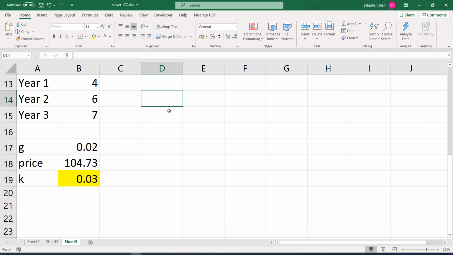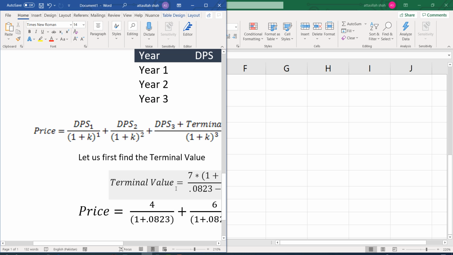Okay. First of all, let's find the terminal value. Again, problem terminal. Okay, the terminal value as we had typed here.